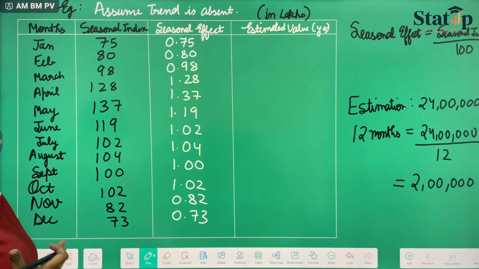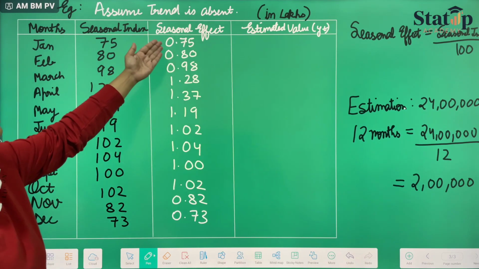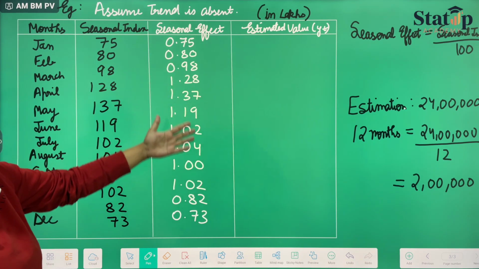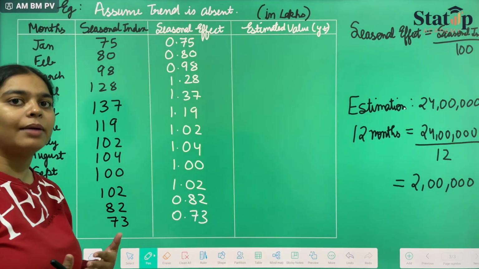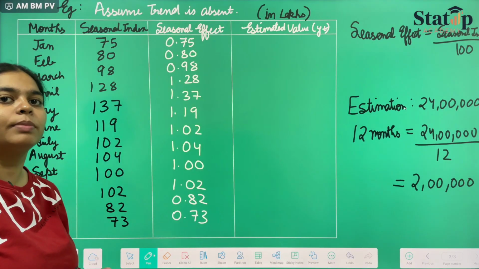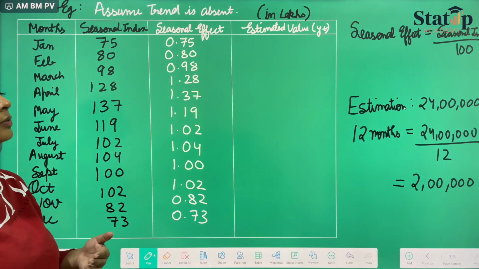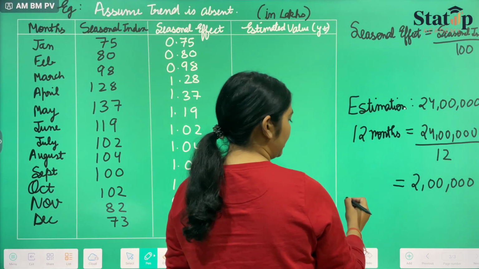The estimated value of YT would be, if I multiply all of these by 2 lakhs. So instead of 2 lakhs, I'm just multiplying all of these by 2, and I'm writing the formula.